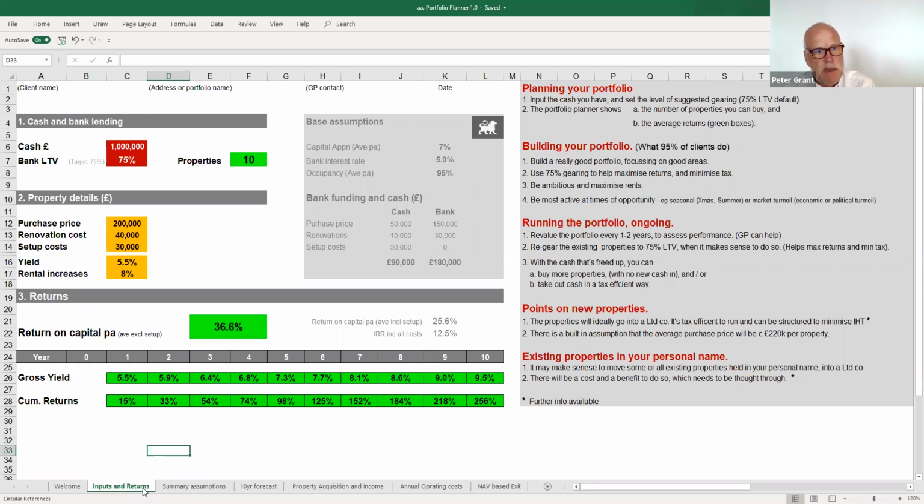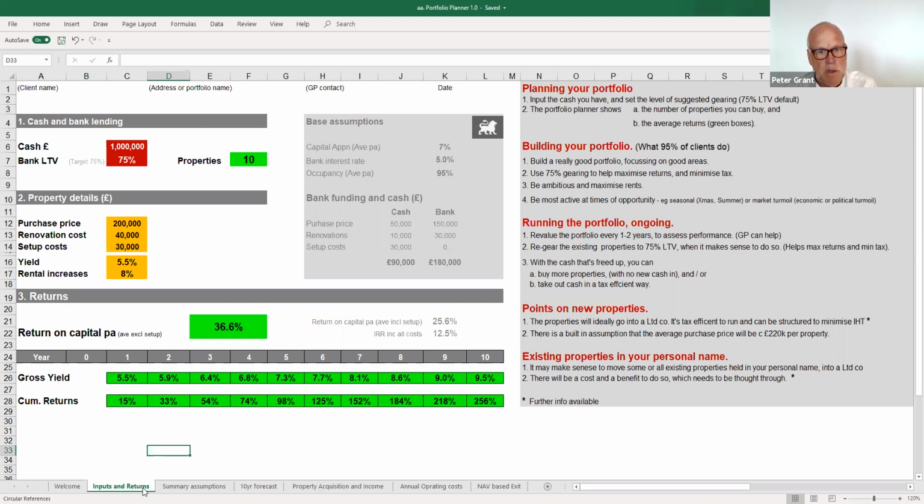And then on the return side, the big green box, first of all, tells you what the return is on your capital, excluding setup costs. Setup costs are tax deductible, so that's the logic of having them excluded there. And that big green box gives you that answer.